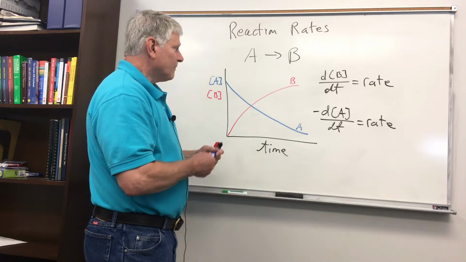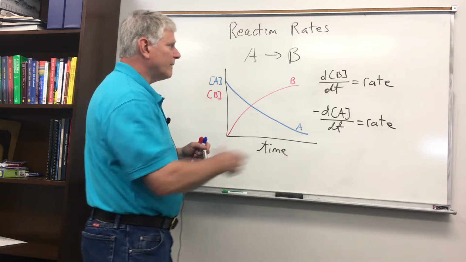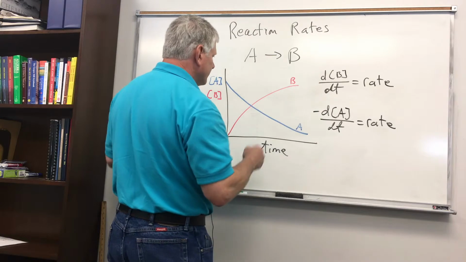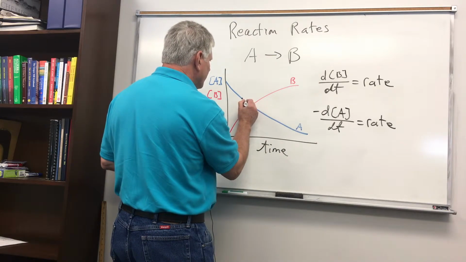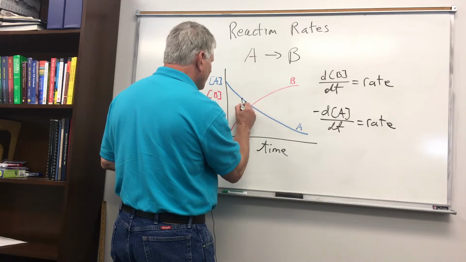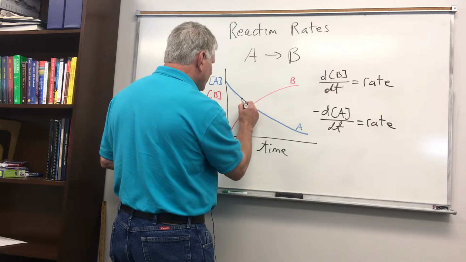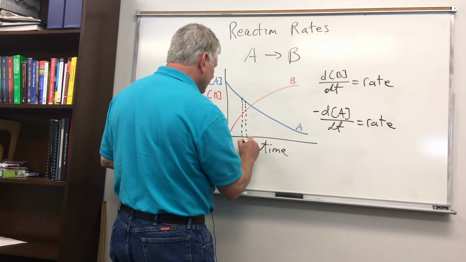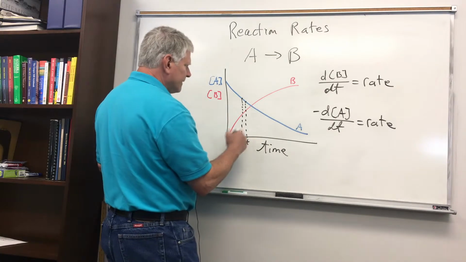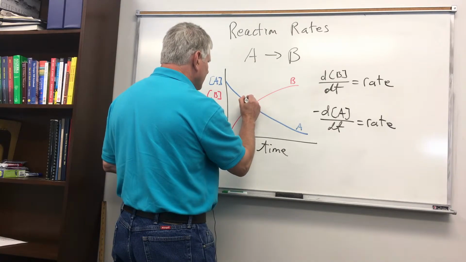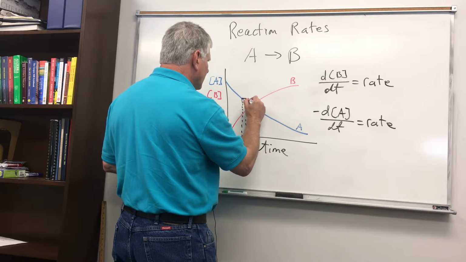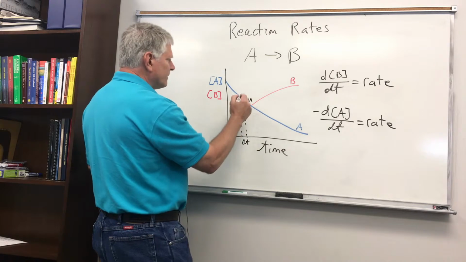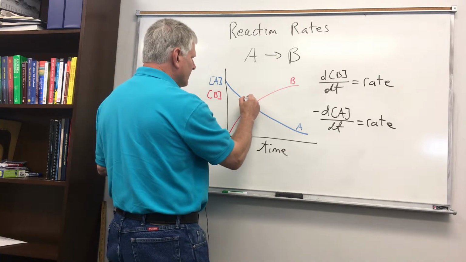And if we want to approximate the derivatives, we can say, let's look at the rate between 2 points. And this will be delta T, change in the time, and this will be delta A, the change in the concentration of A right here.